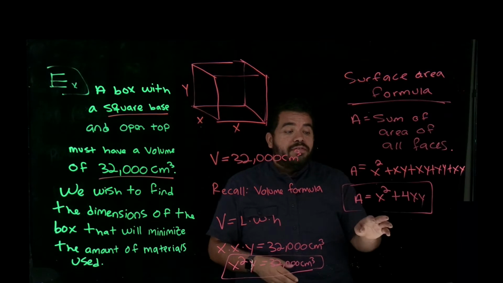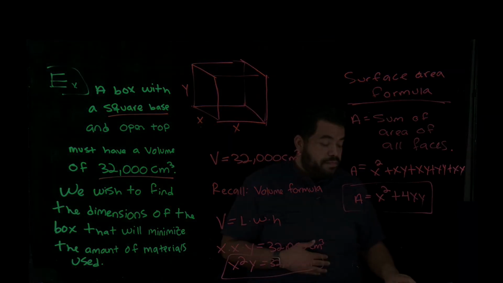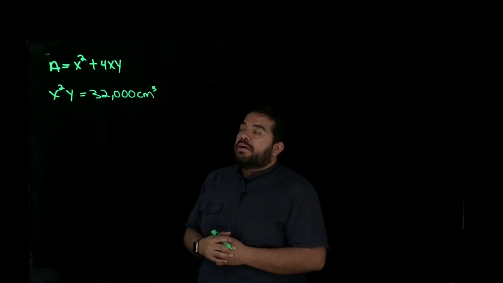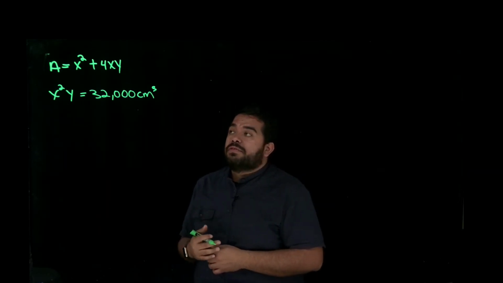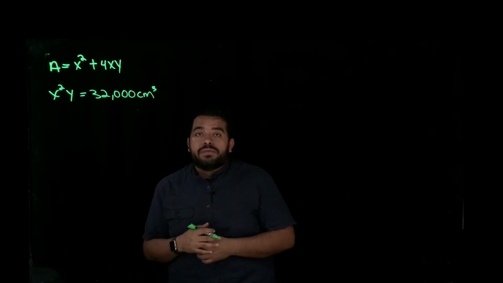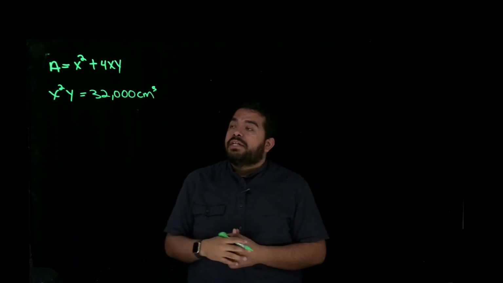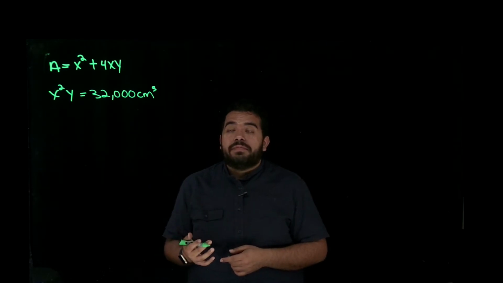All right, so now that I have this and this, I'm going to go ahead and create a new function. We were able to get these 2 equations with the information that it was given to us. So my job now is going to be to create a new function where I combine both of these pieces of information, and that function is what I'm going to use to try to find the minimum.